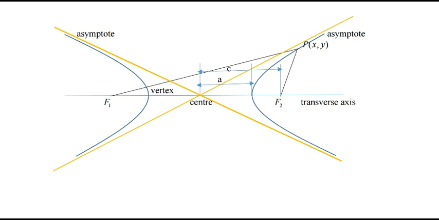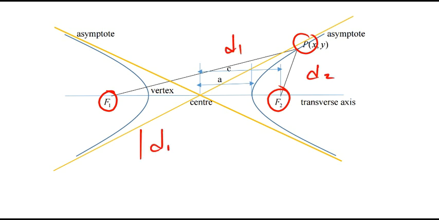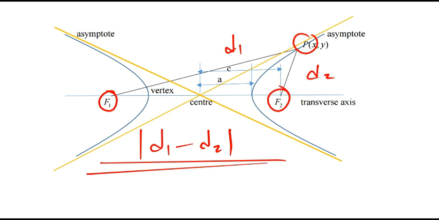Measuring the distance from f1 to p, and then again from f2 to p, call that d1, call this d2. The absolute value of their difference is what gives you a constant. It doesn't matter what point you pick, and the set of such points is what defines a hyperbola. You can measure it from the other side as well, it doesn't really matter.